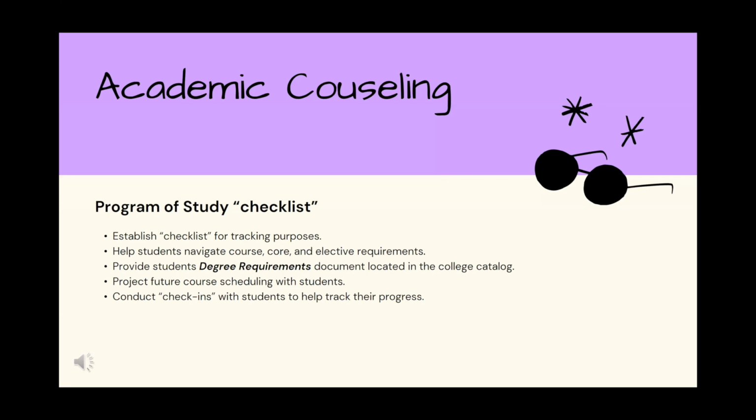I help students navigate course, core, and elective requirements. I help students find degree requirements, the document located in the college catalog, or I'll print it out when requested. And I help students project future coursework scheduling based on these checklists, and conduct check-ins with students to help track their progress.